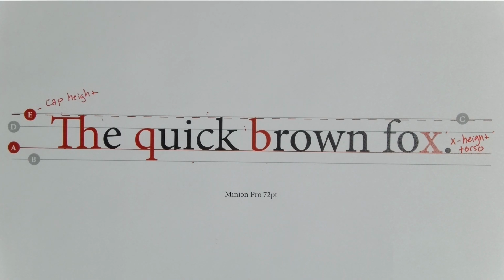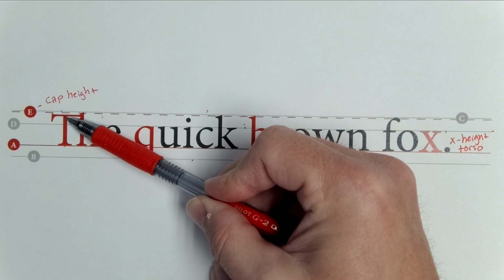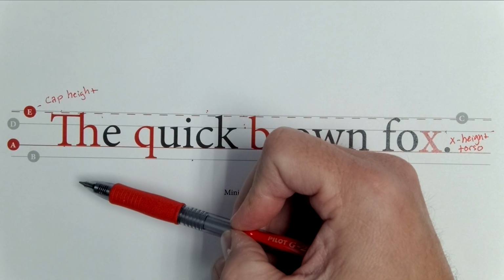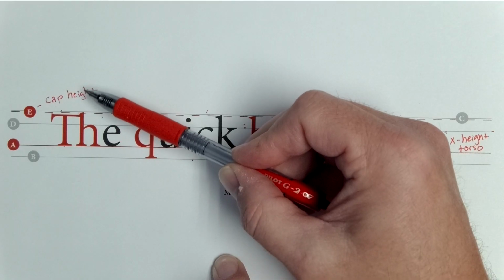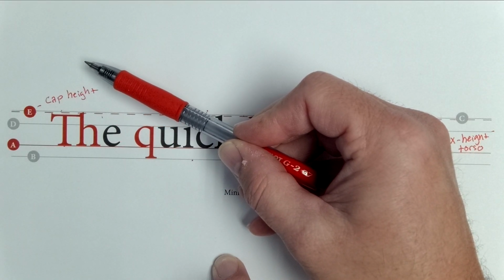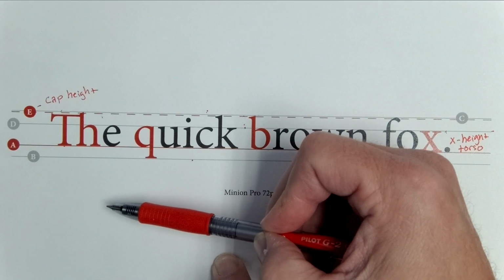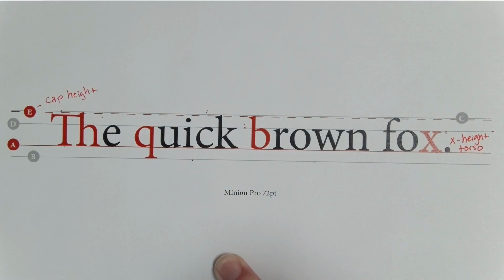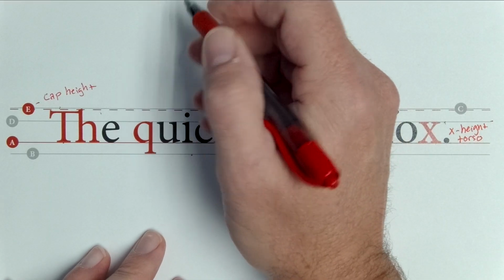Now, not every font follows these rules. For instance, there are some fonts where the capital letter, the cap height, is the same as the ascent line. There are some where the ascent line goes way above the actual font itself, or the descent line comes way down. For instance, does anybody use the font Zapfino on a Windows machine? No? They have these ridiculously long, sweeping ascenders and descenders.